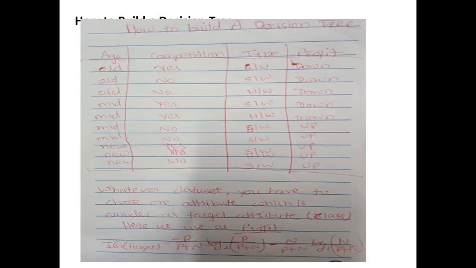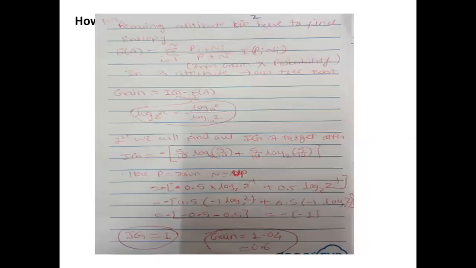Now what about the other attributes? For the remaining attributes we have to find the entropy. This is the formula to find that entropy: the entropy of a particular attribute is equal to the summation for i equals 1 to n of (pi plus ni) divided by (p plus n) times the information of pi and ni. Simply put, the entropy is the information gain multiplied by the probability.